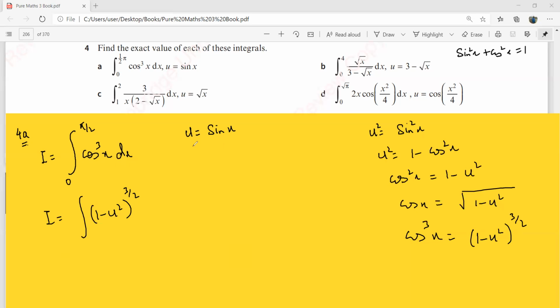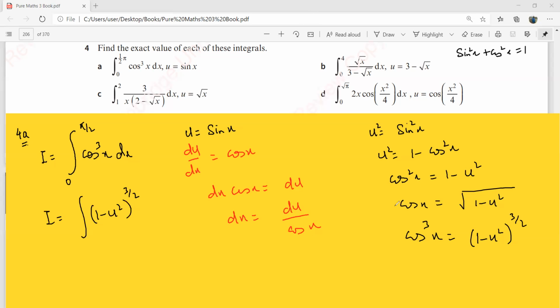So let's differentiate this with respect to x. This is going to be du by dx, and that is going to be cos x. And then dx times cos x is going to be equal to du, and your dx is going to be du over cos x.